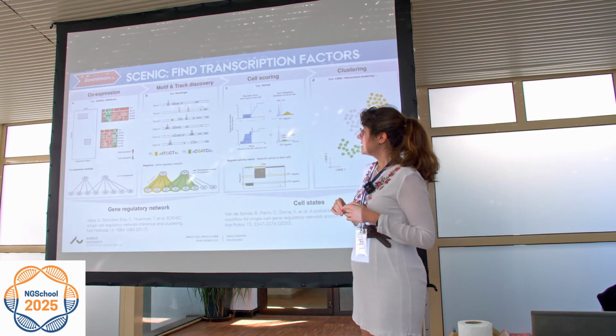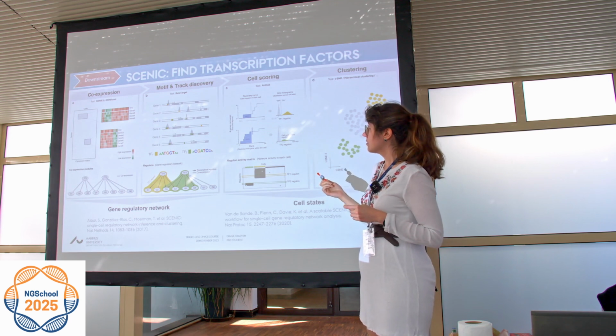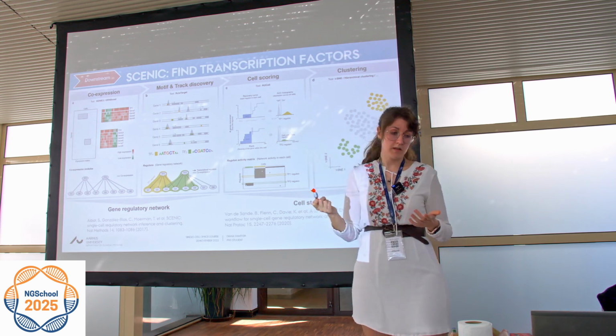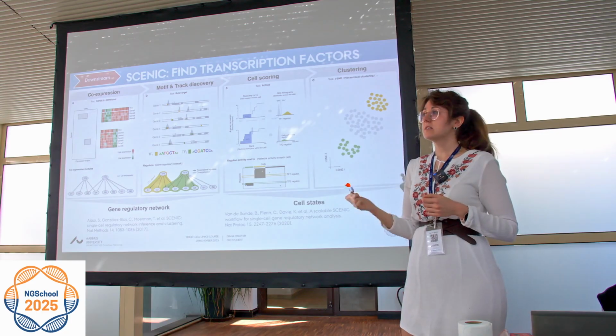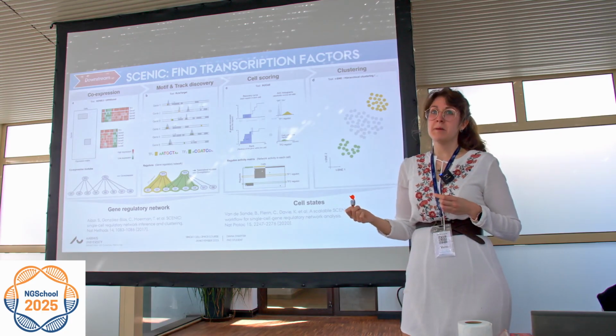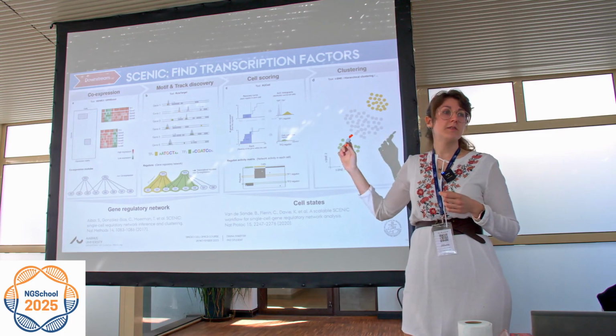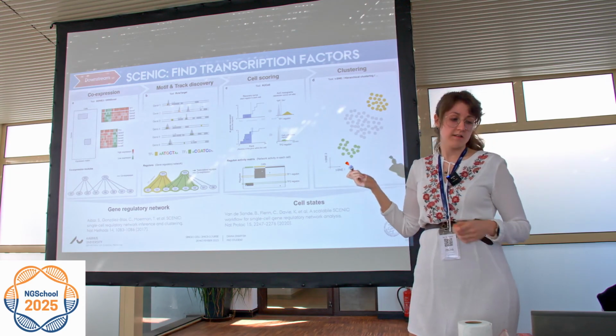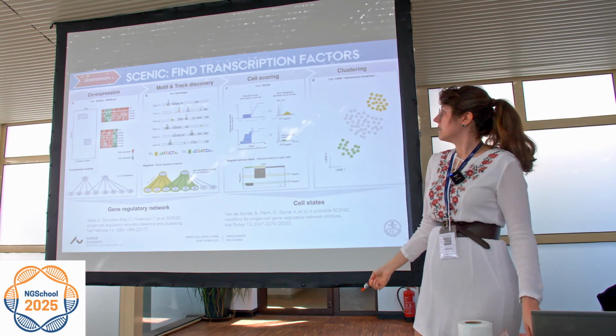So this approach helps you identify regulatory mechanisms, although it doesn't make sense to do it if you can't validate it. All these sophisticated things have to be validated in some wet lab methods.